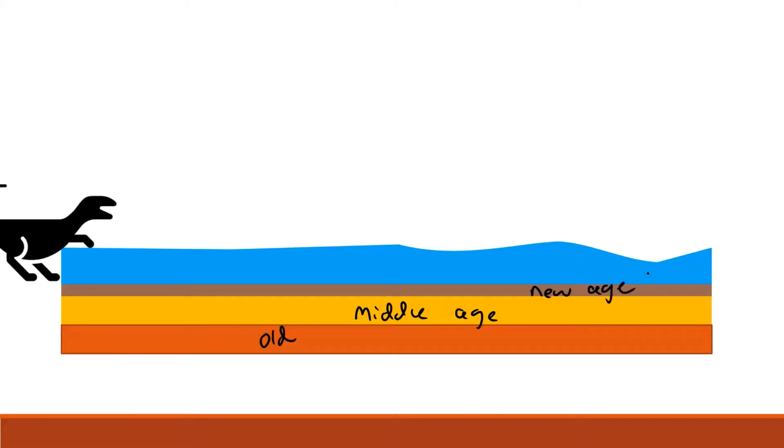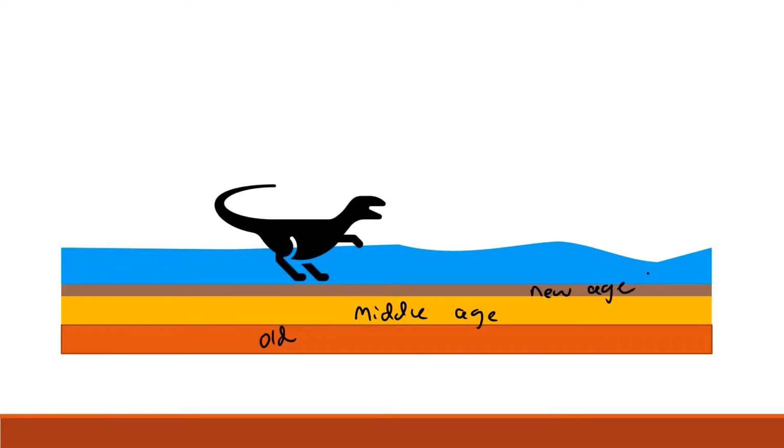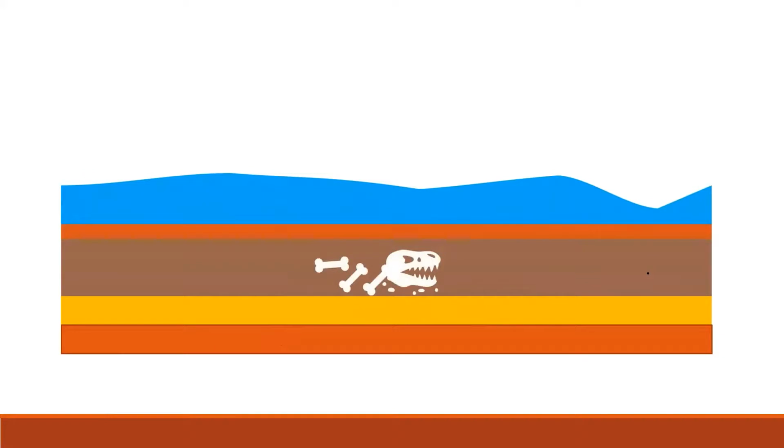So now what we've got is an old rock on the bottom, middle-aged rock here, and new rocks sinking to the bottom of the river. Now, let's just say this dinosaur comes along, and then the dinosaur dies and falls in the mud.